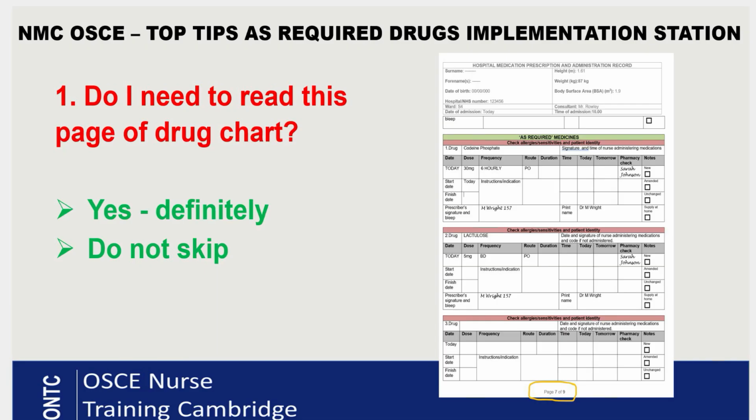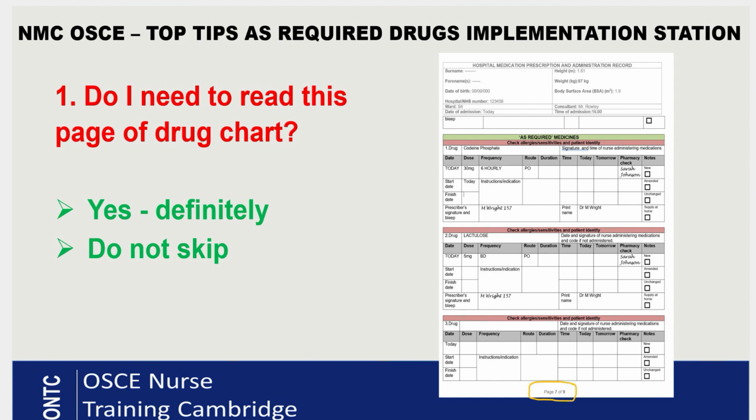So let's look at the first question you've been asking me. Do I need to read this page of the drug chart? Answer to that is definitely yes. That is part of the prescription for your patient. That completes the patient prescription. You cannot skip this page. If you skip this page because you think, well, it's only as required, it's not due at my time, I don't need to do anything about it, you will fail the exam.